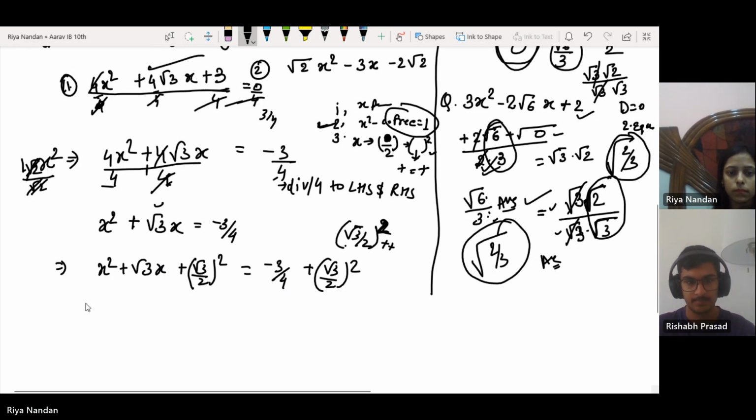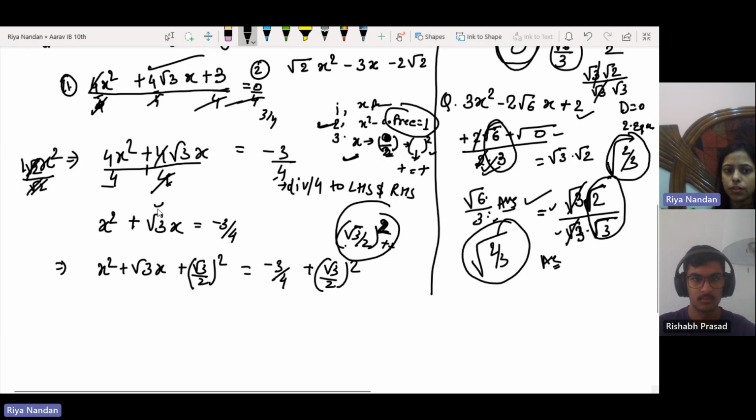How did you get the 2 when dividing? This step I am following: the coefficient of x divided by 2. What are the three steps?